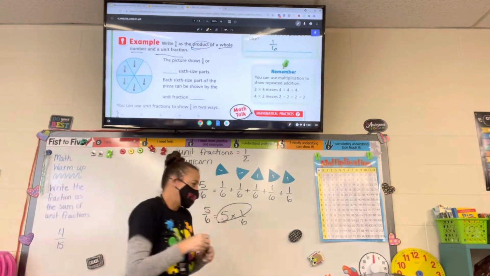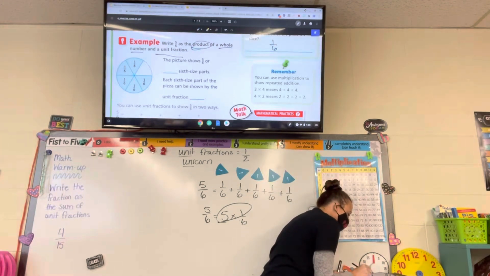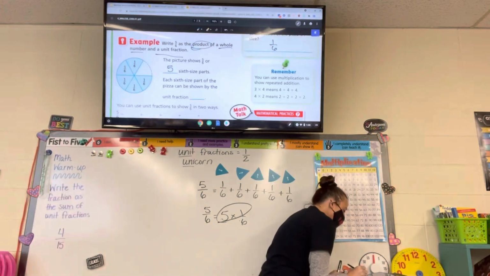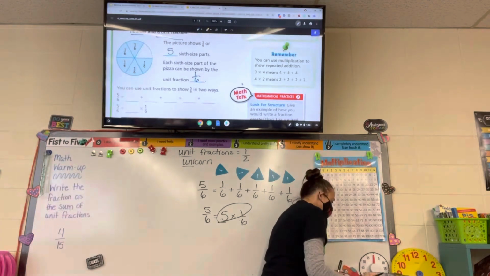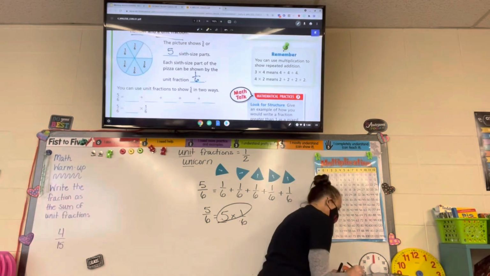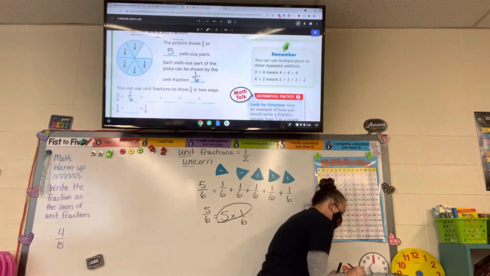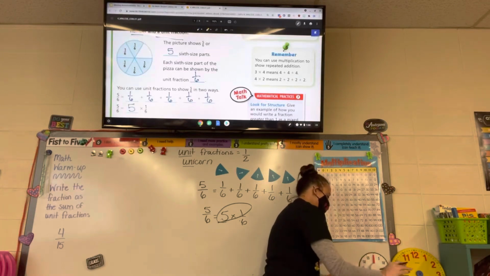Okay, so the picture shows 5/6 or 5 6-size parts. Each 6-size part of the pizza can be shown by the unit fraction 1/6. Write that down. You can use unit fractions to show 5/6 in 2 ways. You can go 1/6 plus 1/6 plus 1/6 plus 1/6 plus 1/6, or you can say 5/6 equals 5 times 1/6.